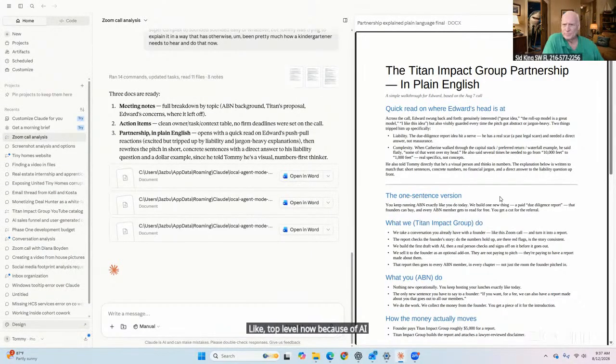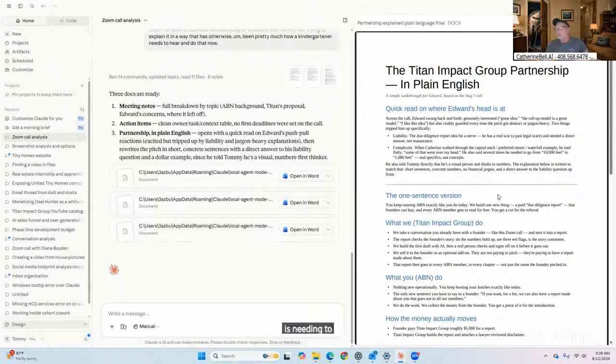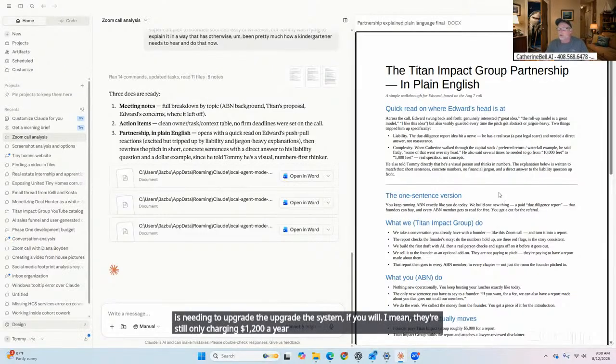It's a company that's been around for over 2 decades, introducing deals to angel investors and venture capitalists at early stage development, and it needs to upgrade the system. They're still only charging $1,200 a year, and you get to eat dinner at Ruth's Chris Steakhouse.